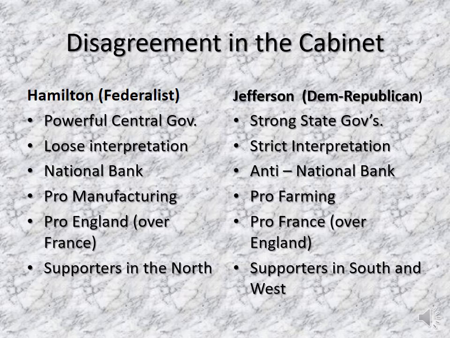They were pro-farming. They were in favor of being friends with France over England, and most of their supporters were obviously in the South and in the West. So here is where we see the separation of the two political parties start to form, very early on in the creation of our nation.